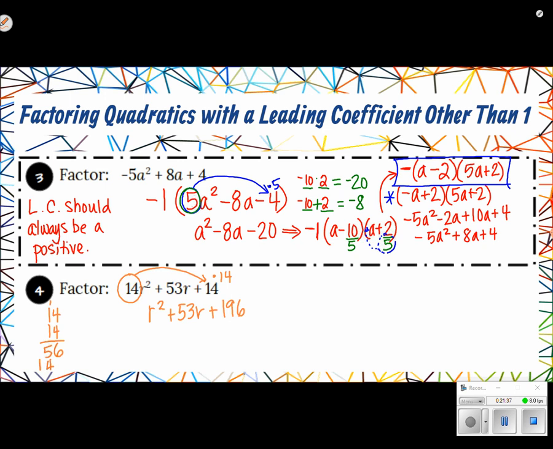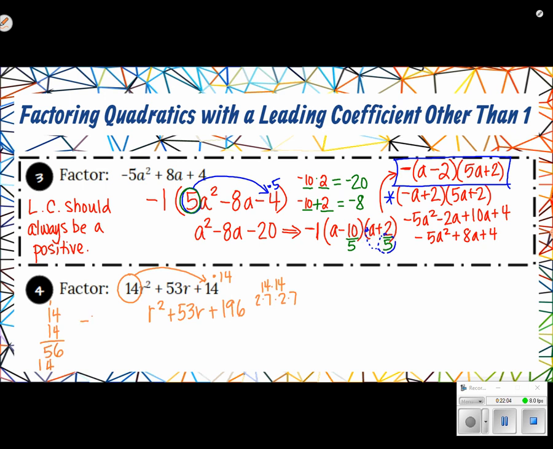You may not know the factors of 196 as we get ready to factor this, but we already know that 196 is 14 times 14. And I usually say, well, 14 is 2 times 7, and another 14 is 2 times 7. So we're going to play around with these numbers, and we may be able to multiply some things together so that we're working with numbers that add to give us 53.